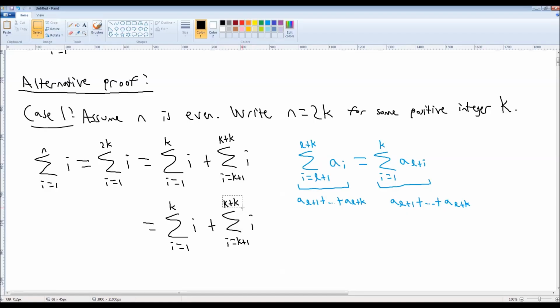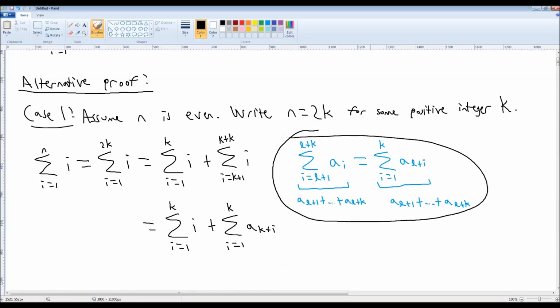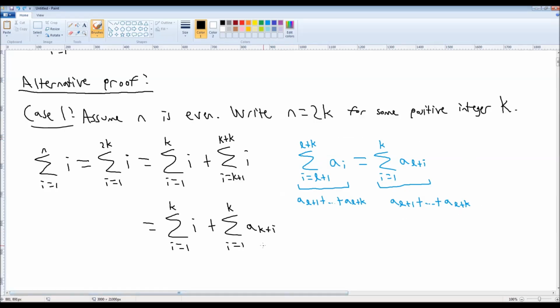Instead of k plus k, we can rewrite this as the sum that goes from 1 to k of a of k plus i by this law here. Oops, except our sequence is the constant sequence. So it's not a of k plus i, it's just k plus i in our problem.